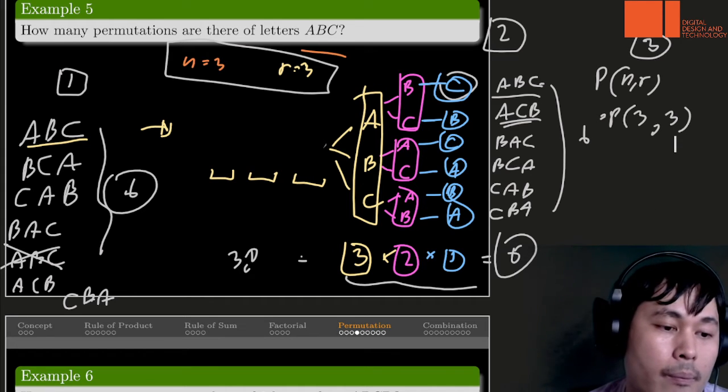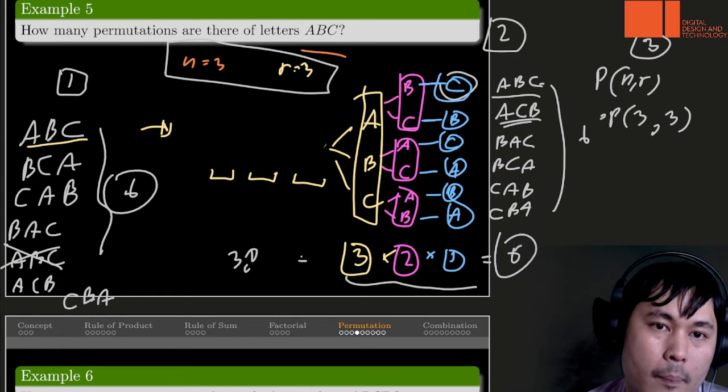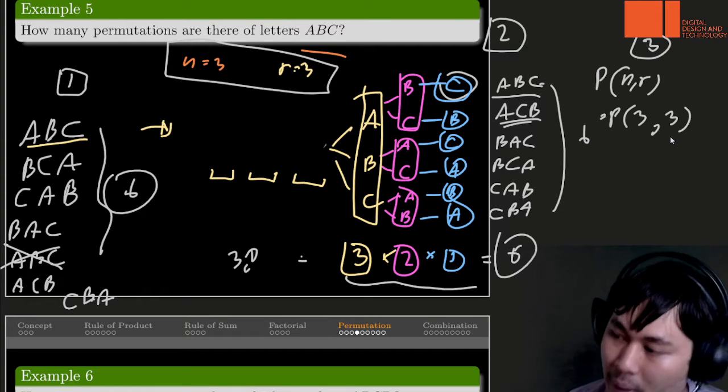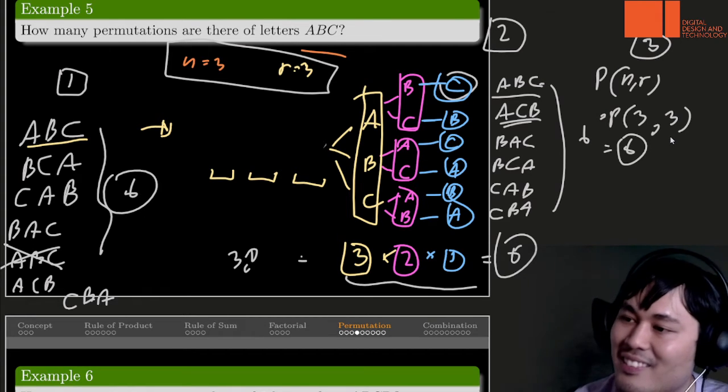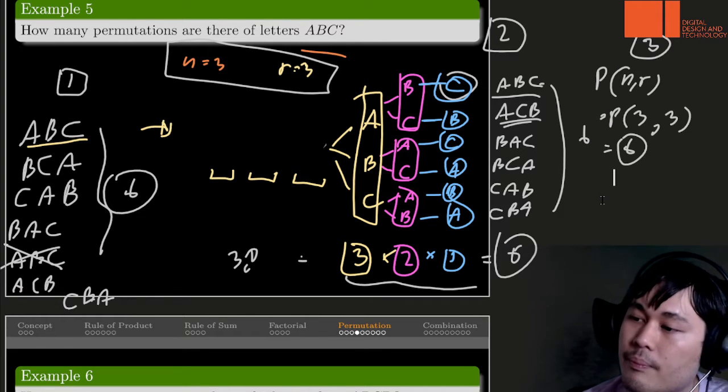So it's P(3,3) for this example. Okay, let's see the next one. And by the way, it's going to be 6. So that's how you find permutations.